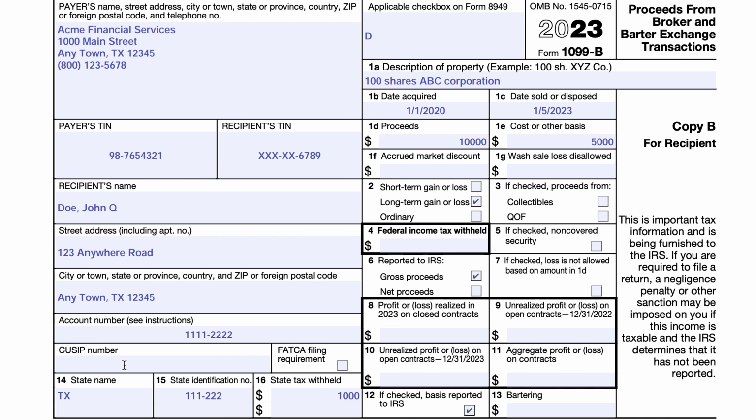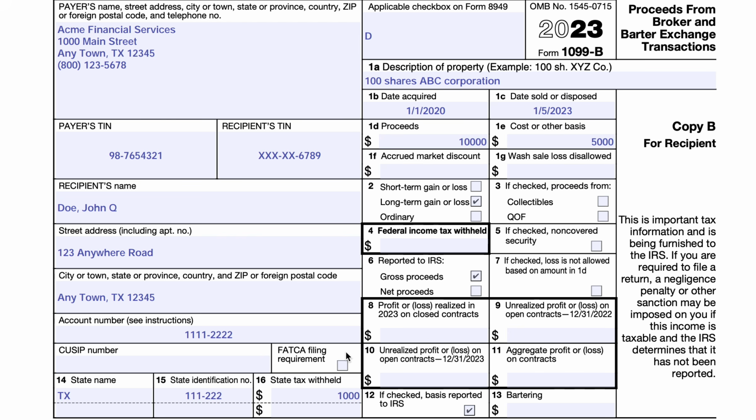And then below, if he sold a debt instrument such as a treasury bond, a municipal bond, or a brokered CD, you would see the CUSIP number here. This box that's checked, FATCA filing requirement, means that the payer is reporting on Form 1099 to satisfy international account reporting requirements under the tax law.